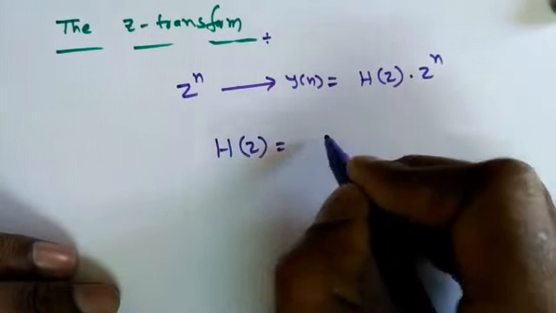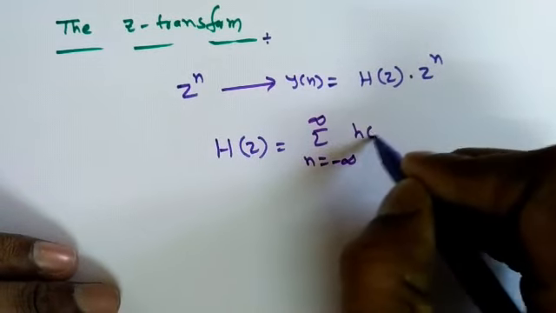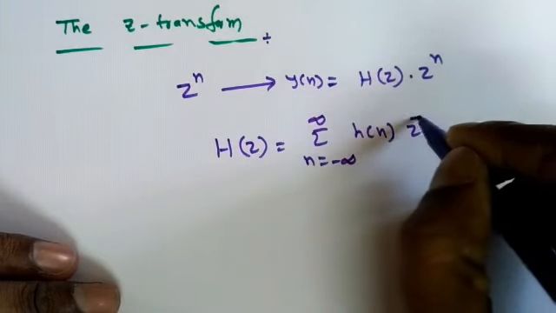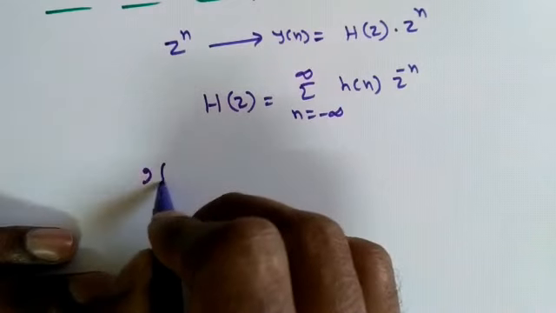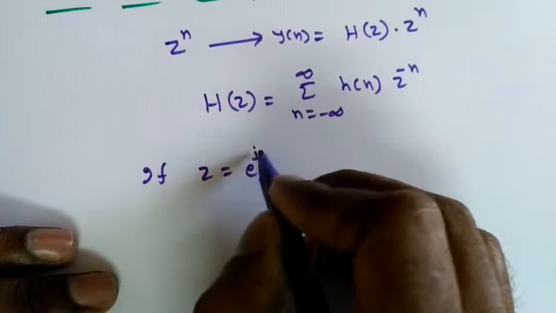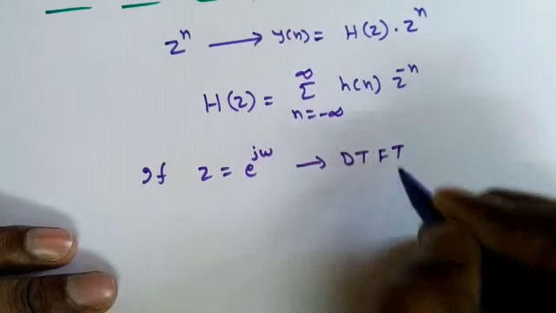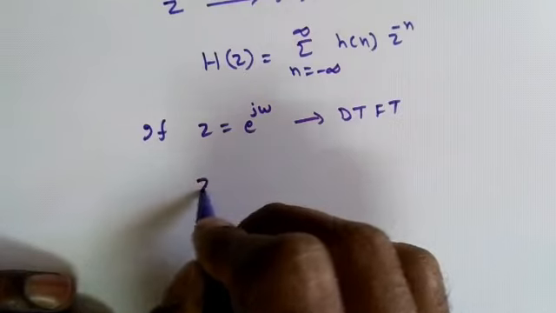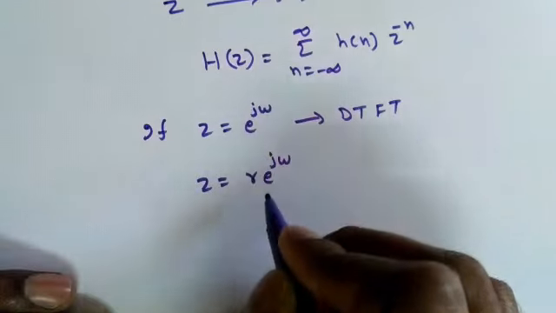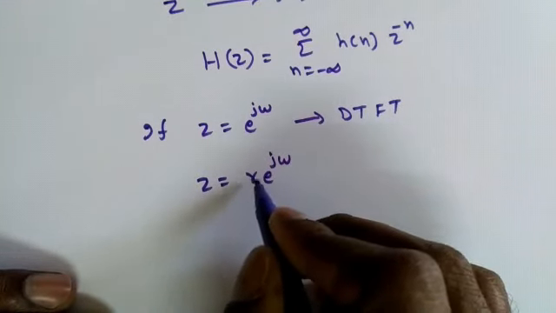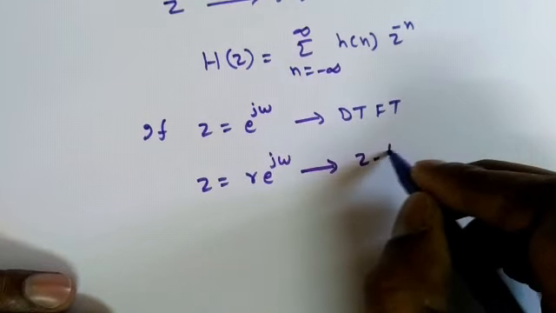H of z is equal to the sum from n equals minus infinity to infinity of h of n z power minus n. Now, if z is simply e power j omega, we get the discrete time Fourier transform. Whereas if z is a complex number, r into e power j omega, where r is not 1 but some arbitrary value, then this h of z is called the Z transform.